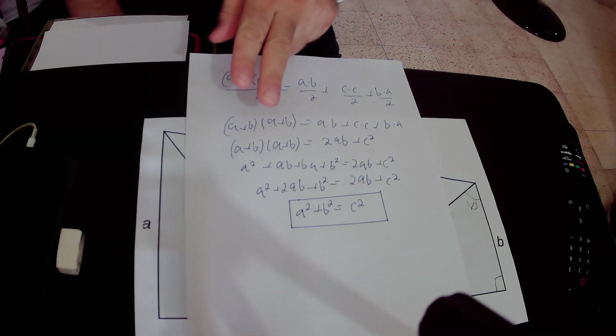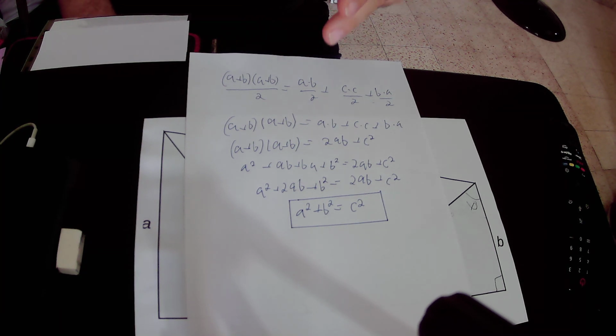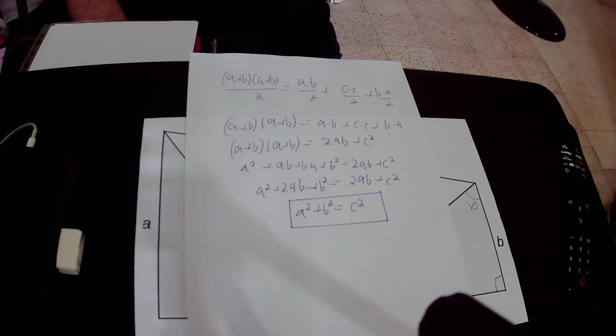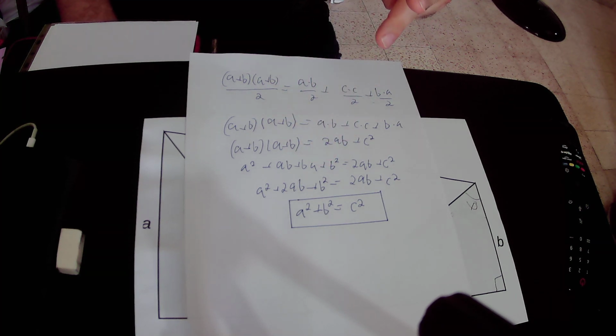So after we subtracted 2AB from both sides of the equation, we got that A squared plus B squared equals C squared, and that is actually the proof that the square of the hypotenuse in a right triangle equals the sum of the squares of the perpendiculars, or C squared equals A squared plus B squared.